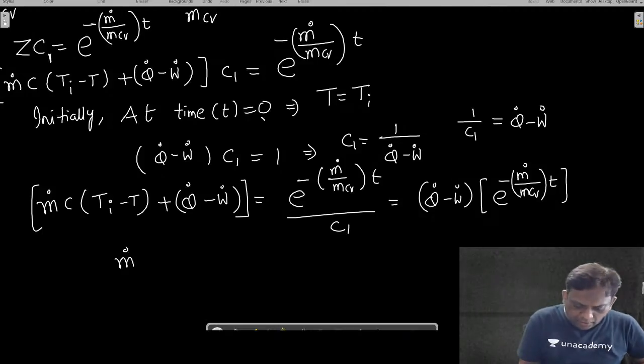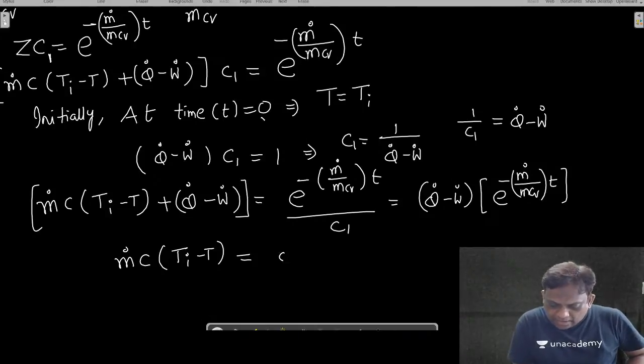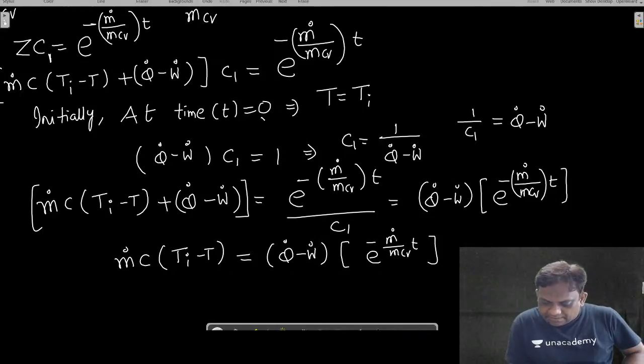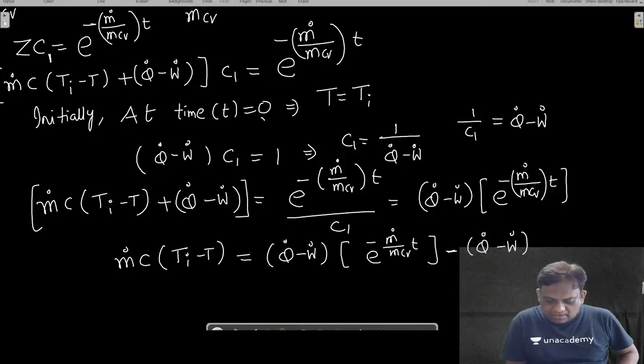Okay, m dot C into Ti minus T is equal to, you take this to the right side. Yes sir, got it, very good. So what will happen? Q dot minus W dot into e power minus m dot by mCV into t, okay, right, minus, take this here, minus Q dot minus W dot. Wonderful, my dear students.